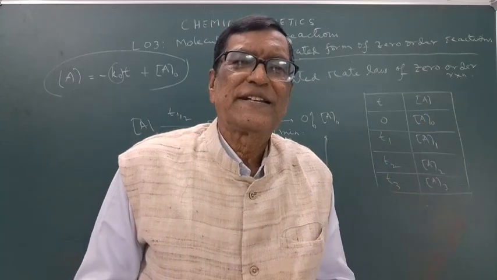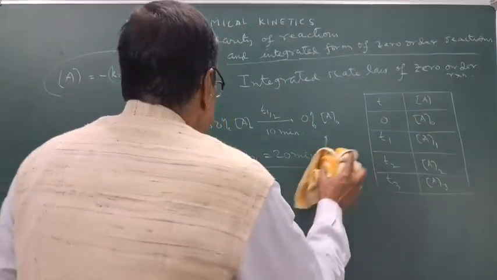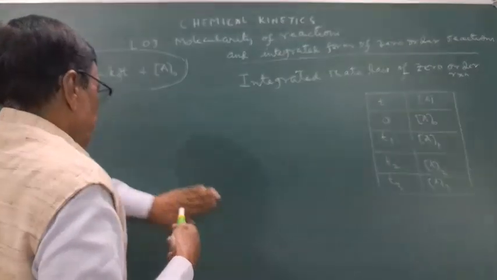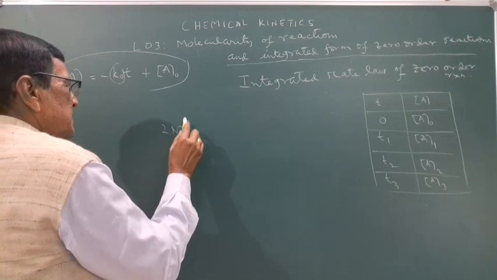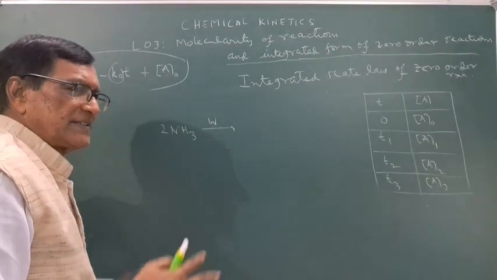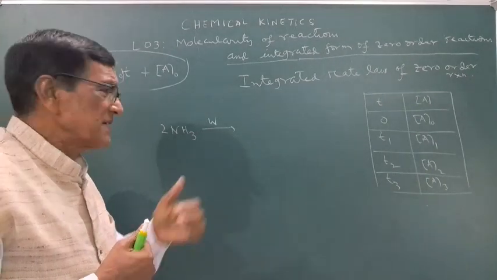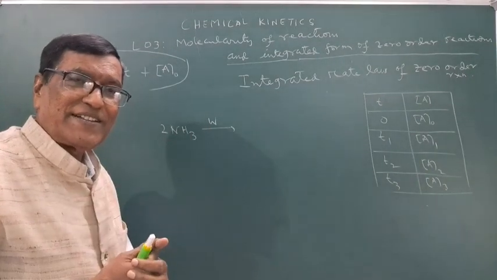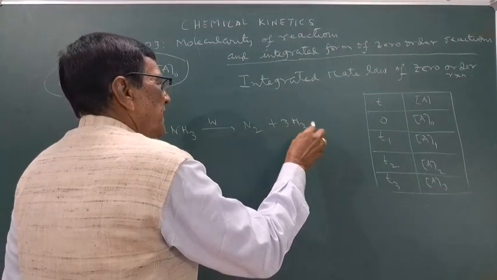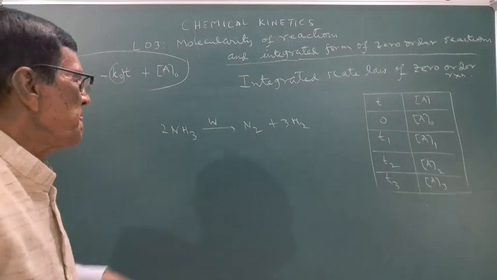Most of the zero order reactions are heterogeneous catalyzed reactions. Examples I can show you: 2NH3 with tungsten, at a certain temperature. This is tungsten powder which acts as a catalyst. It will give you N2 plus 3H2.